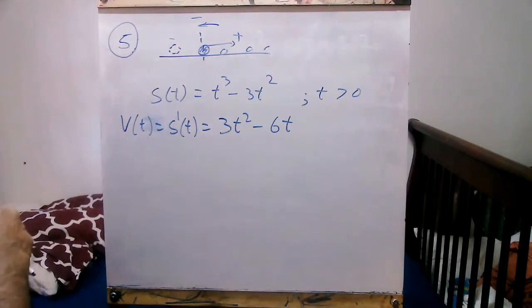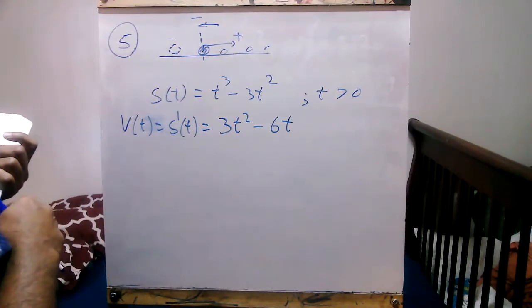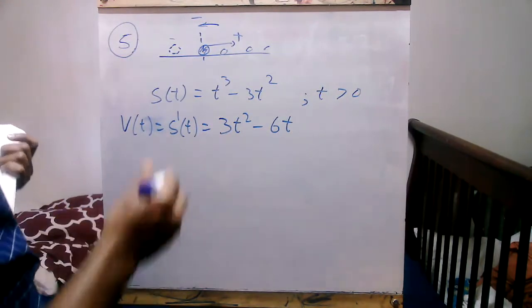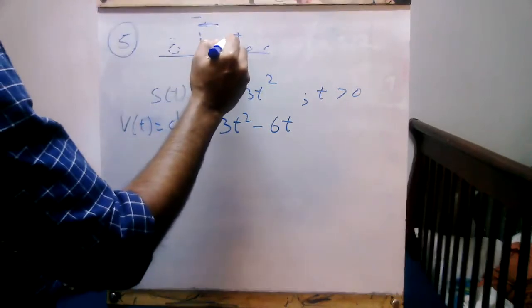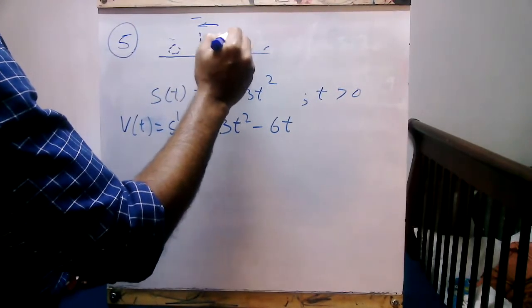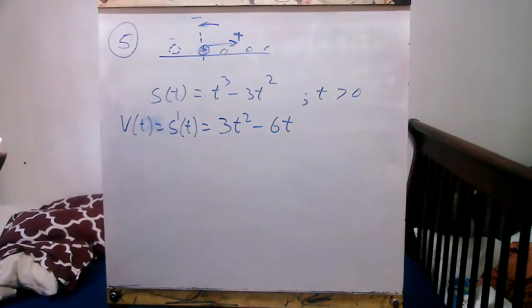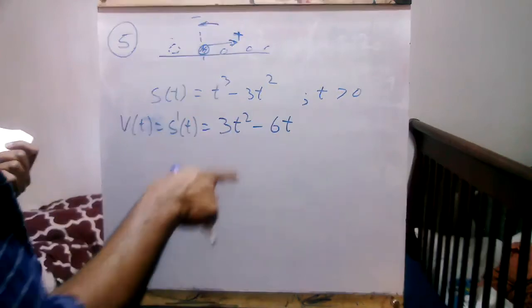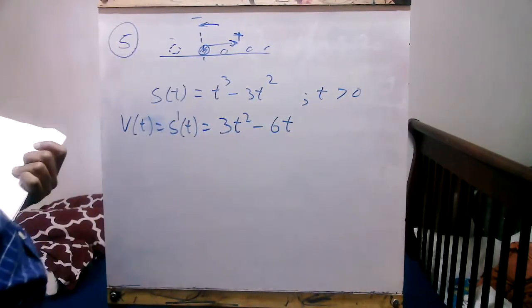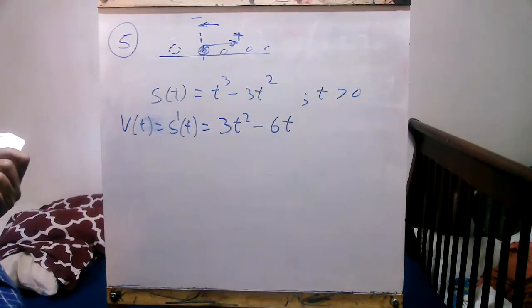So it's asking when it's moving in the positive direction, we select the positive is this direction and negative is this direction. If it's moving in the positive direction, this should be greater than 0.